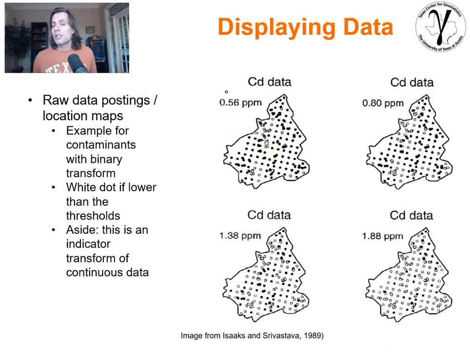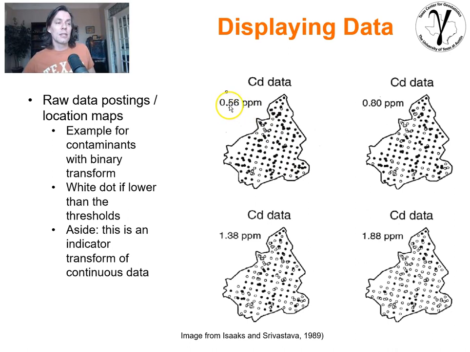The indicator transform is a probability coding of the data. What's the probability the values are less than or equal to a threshold? It's 1 if the data value is below the threshold, 0 otherwise. In this case, all the white circles are the locations that are less than the threshold. The filled circles are the zeros. They're greater than the threshold.